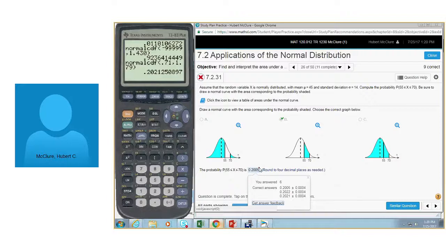It could be 0.2001 or 0.2009, 0.202. They have 3 different answers right there that you can use. That's because of the different methods you can use. So there is compensation for you being a little bit off if you use the table versus the calculator. There are like 6 possible answers.